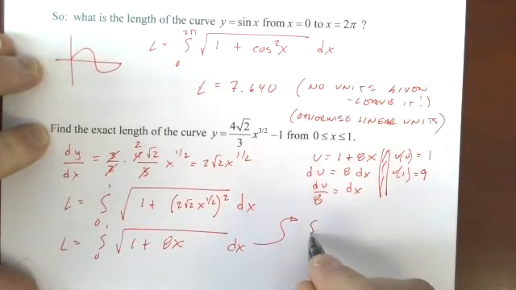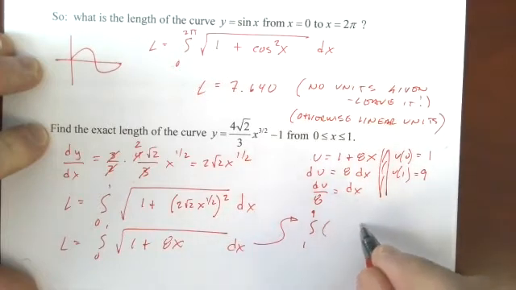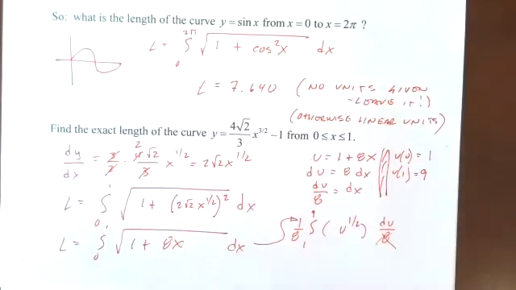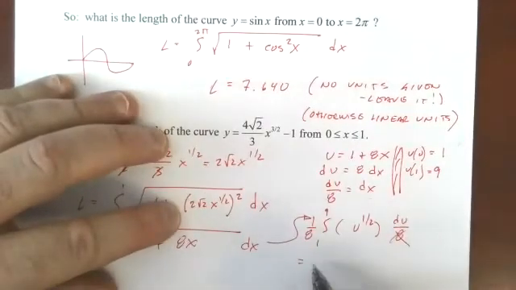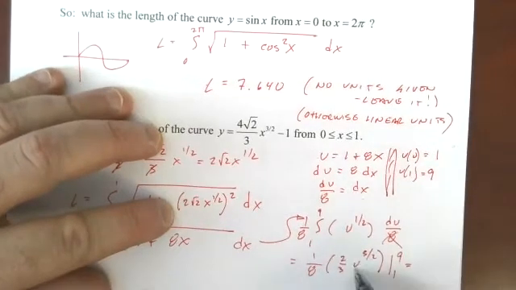So the integral from 1 to 9. This becomes du over 8. I put it out front. And this is u to the 1/2. Yep. Integral 1/8, 2/3 u to the 3/2, from 1 to 9. Square root of 9 is 3. 3 to the 3rd is 27. 27 times 2 is 54, over 3 is 18. 1/8 times (18 minus 2/3).